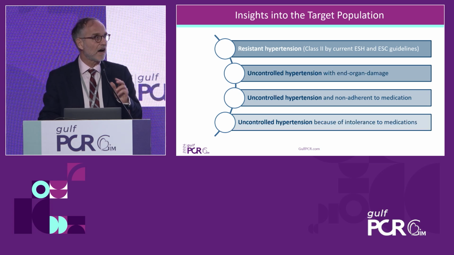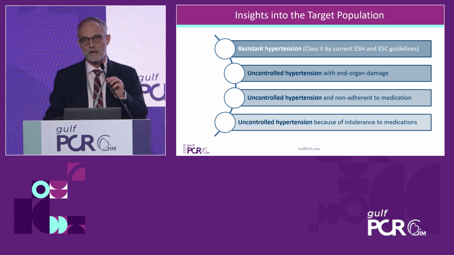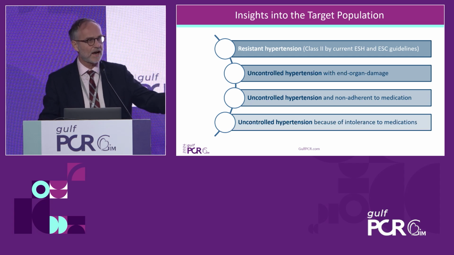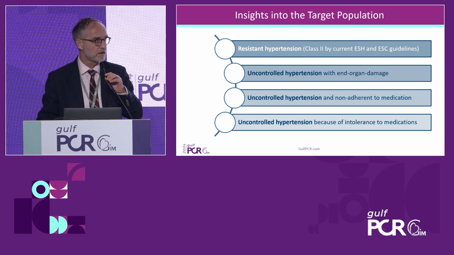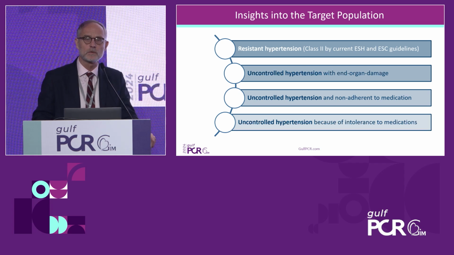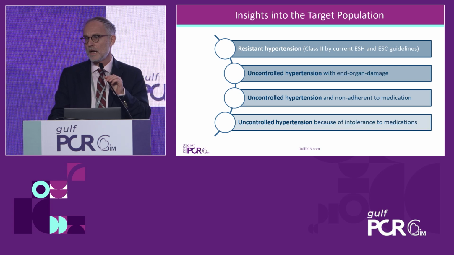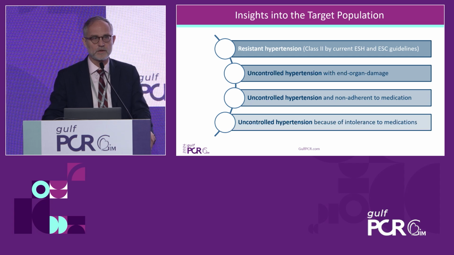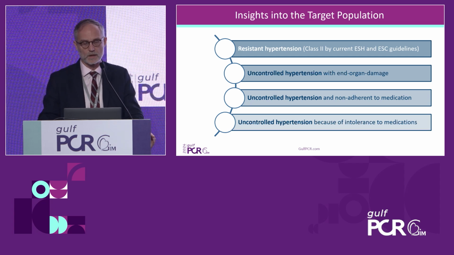However, the patients with uncontrolled hypertension and end organ damage also have a very high risk, and they have the highest benefit from reducing blood pressure. There are very good data on this. But what should we do with the ones who are non-adherent, or even with the ones who are uncontrolled and intolerant to medication? We need to offer some therapeutic options for them as well.